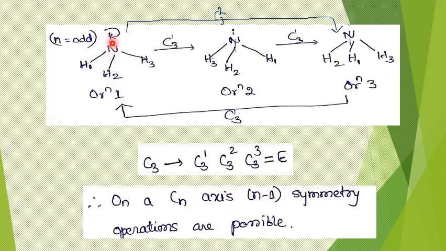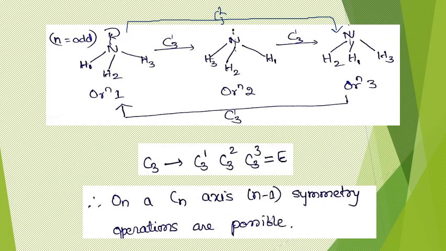Whenever we have proper and improper axes, this question arises, because on the same symmetry element multiple operations are possible. If it is a proper axis, on a Cn axis, n-1 symmetry operations are possible. I would have mentioned this point while demonstrating the axis of symmetry itself, but I did not, so I have taken it here again.